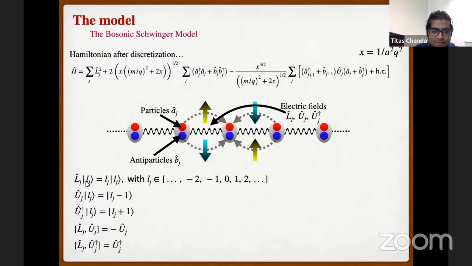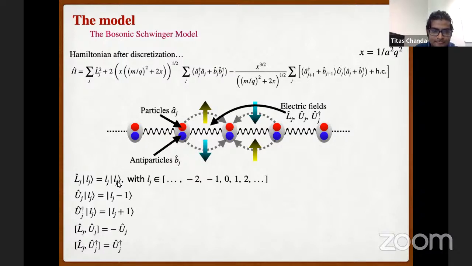And in this formalism, it has an eigenstructure with eigenvalues integers from -infinity to +infinity. And U and U dagger are the ladder operators, lowering and raising operators of this eigenbasis.